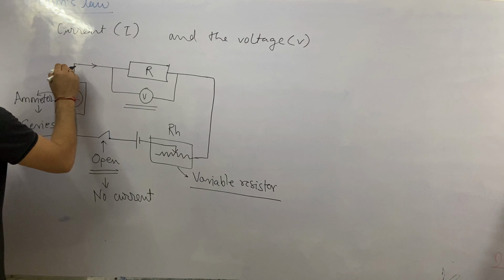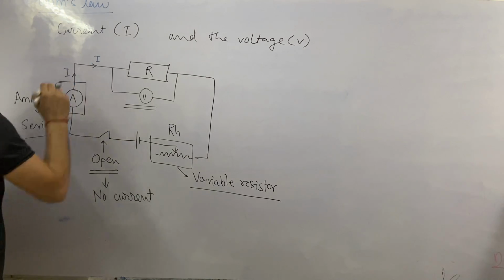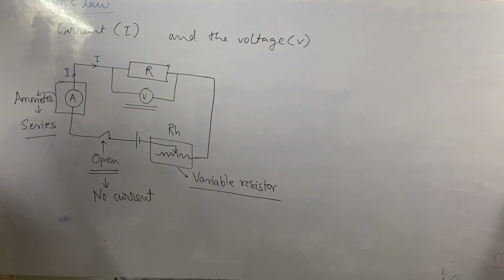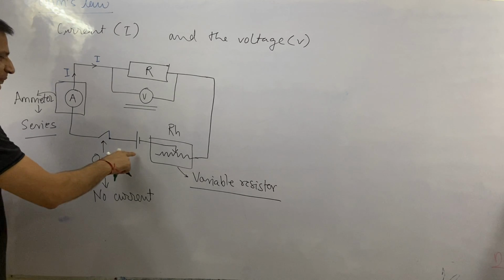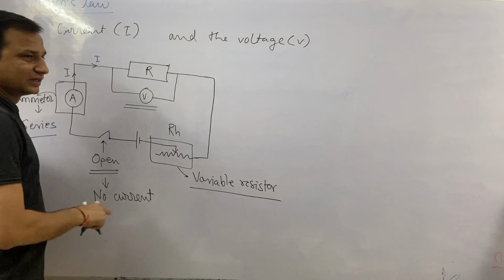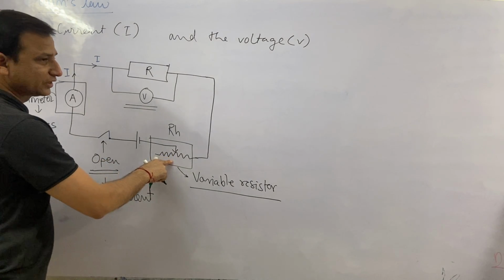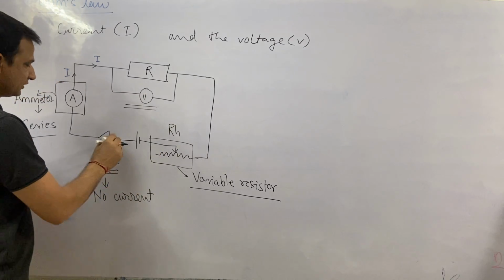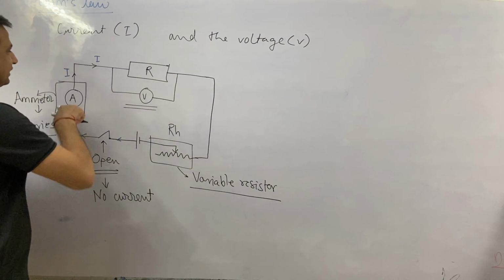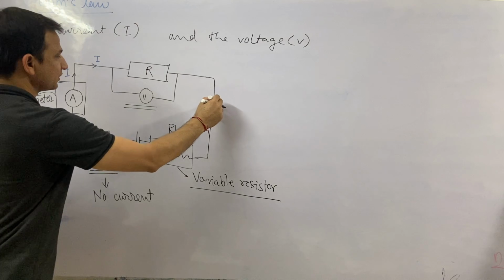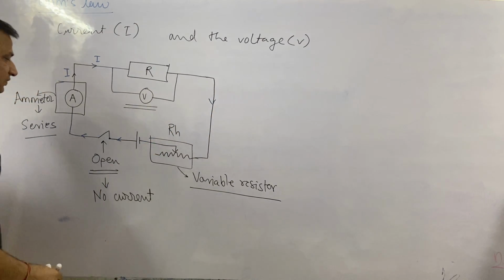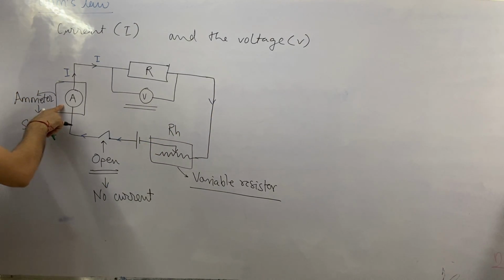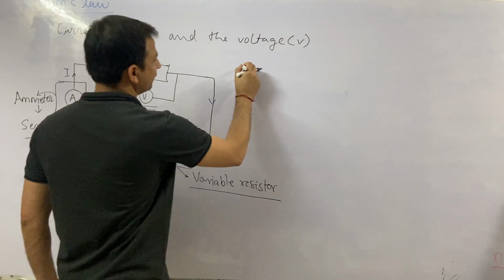Let's say this current is I. Depending on the resistance of the rheostat, the current will flow, and the ammeter will show some value of current.